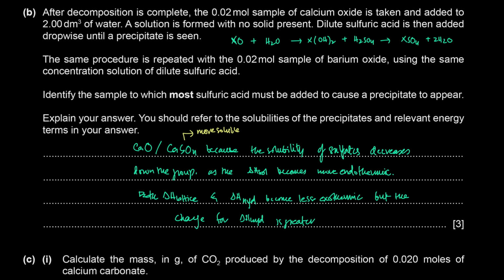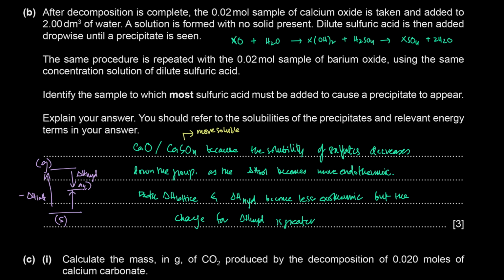So I'll explain this algebraically. If you have a solid precipitate and you form gaseous ions, that is the negative lattice enthalpy, by definition. And if those gaseous ions dissolve to form aqueous ions, that is the enthalpy of hydration.